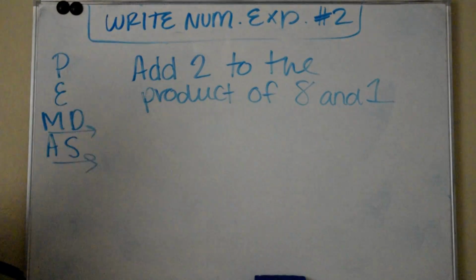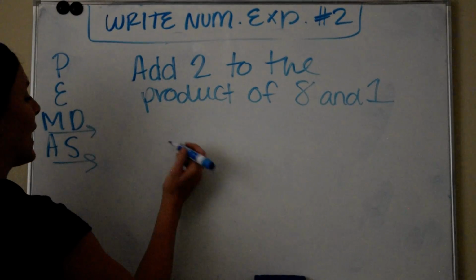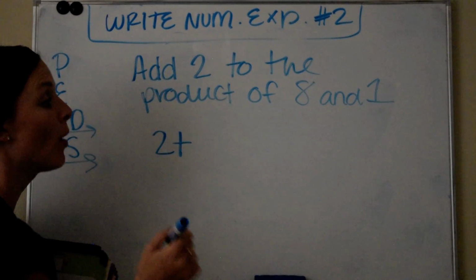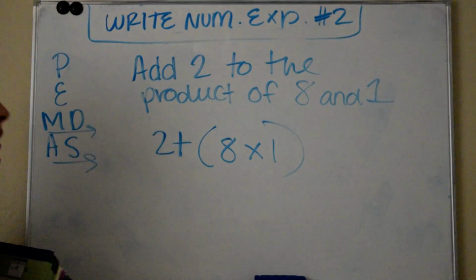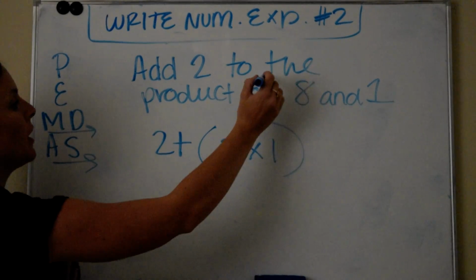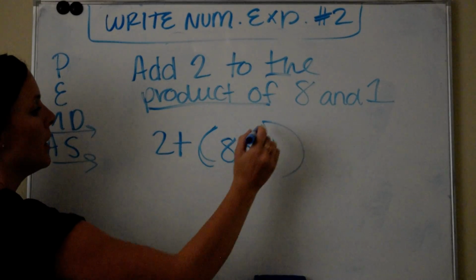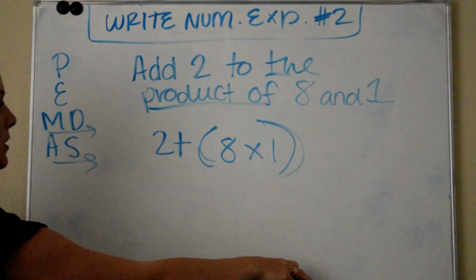Okay, here's another one. Add 2 to the product of 8 and 1. What's product? That's multiplication. Okay. Add 2 to the product of. The product of is very important. They want you to do that part first. 8 times 1. So you can go ahead and put your parentheses there.